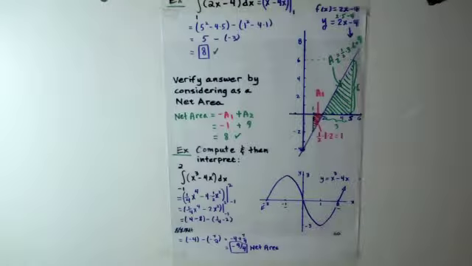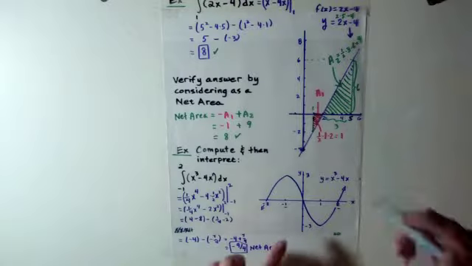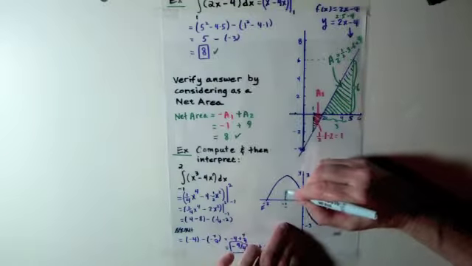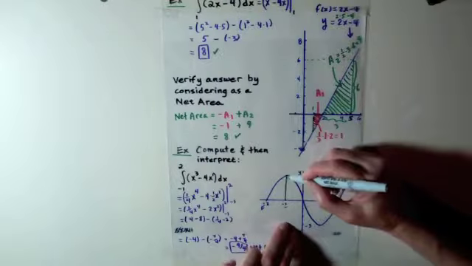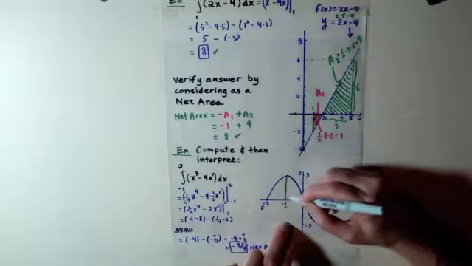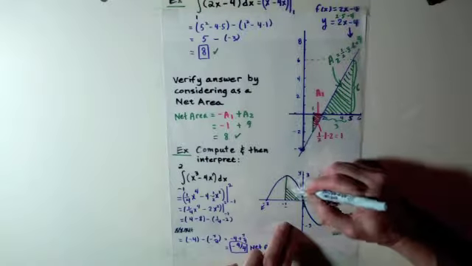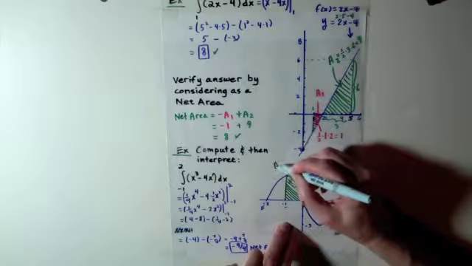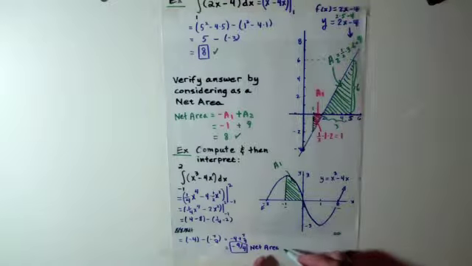Well, let's see if that's correct, or at least looks correct from the picture. And so if I draw a vertical line here at -1, I can see the function is above the x-axis until I get to 0, and so all of this should contribute something that is positive. So if I call that a 1, that will contribute something positive to the net area.